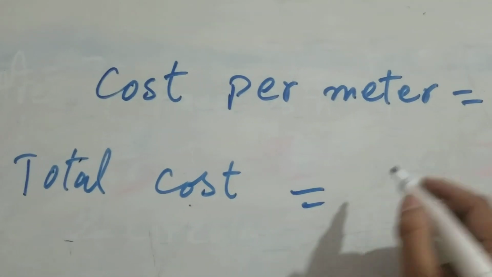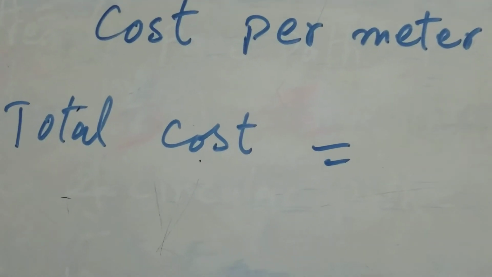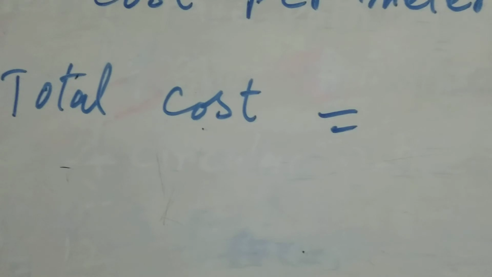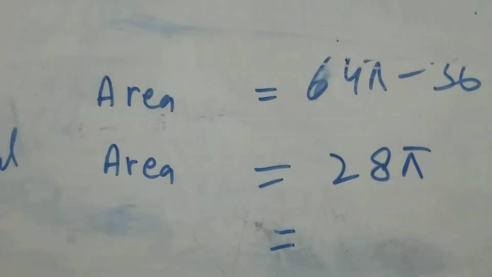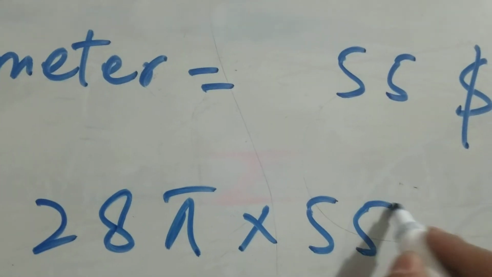Now we multiply the total area of paved path. What is the total area? The total area is 28 pi. Okay. Now 28 pi multiplied by $55.